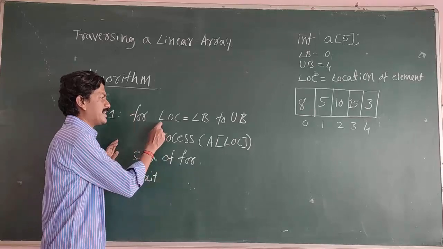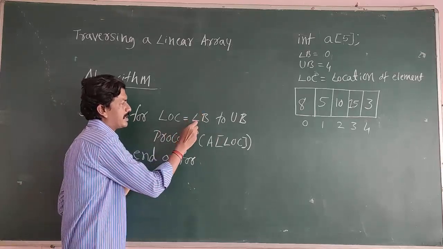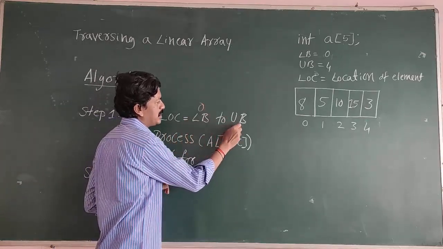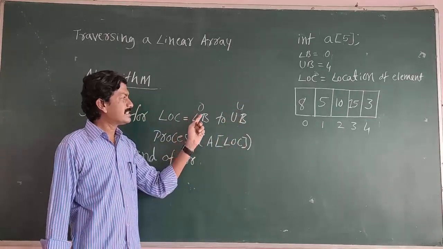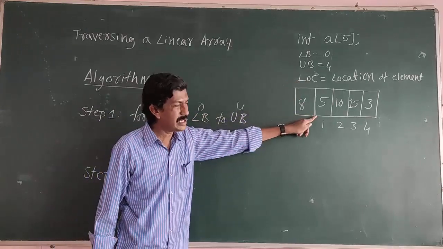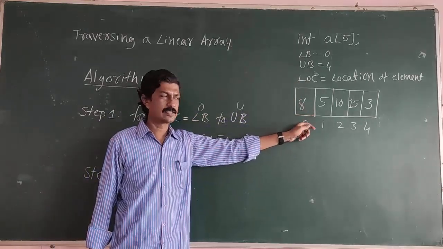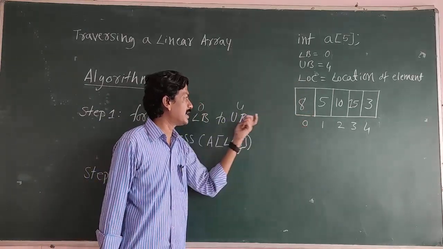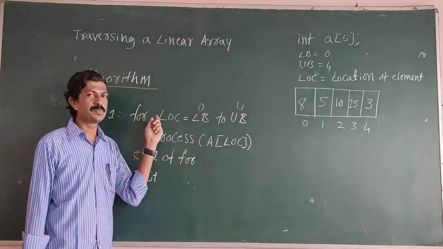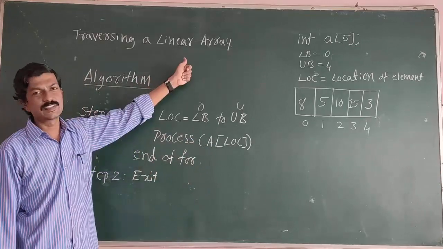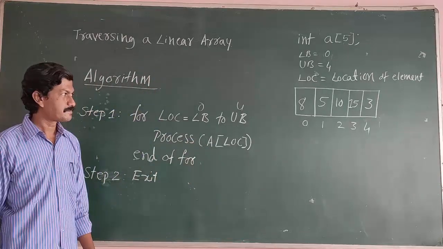It is simply visiting, where LB is 0 and UB is 4, each and every element of this data structure from the 0th index to its highest index 4. That is how traversing operations are performed in an array.